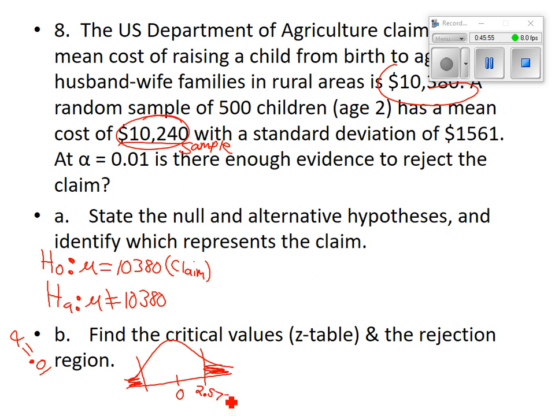What's this side over here? Negative version of it, negative 2.575. Three points here, 2 points here on the test. You guys can look back at the numbers, so I don't have to write them down over here to the side.